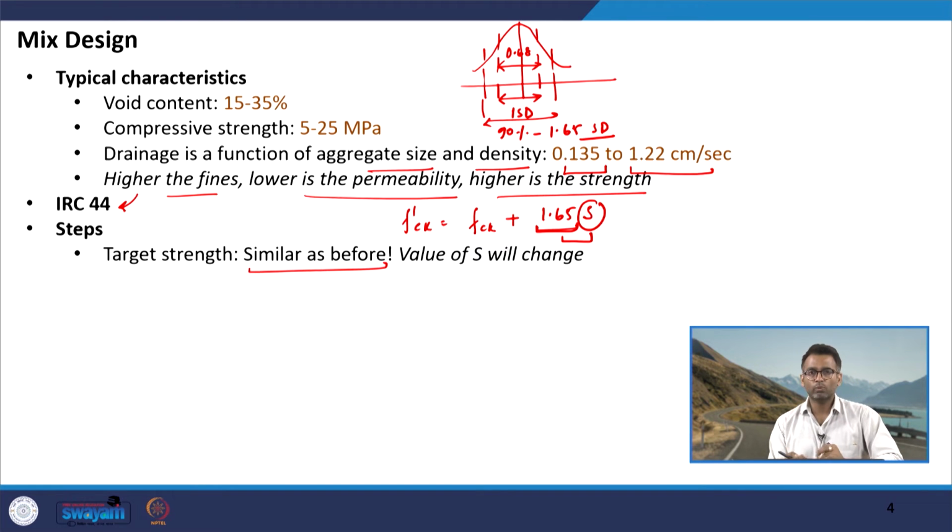This is how the 1.65 comes in. It means that 90% of the values will be within this particular range. So, this is the target strength: not more than 10% of the samples should have a strength less than this value. That is why we take 1.65 standard deviations.